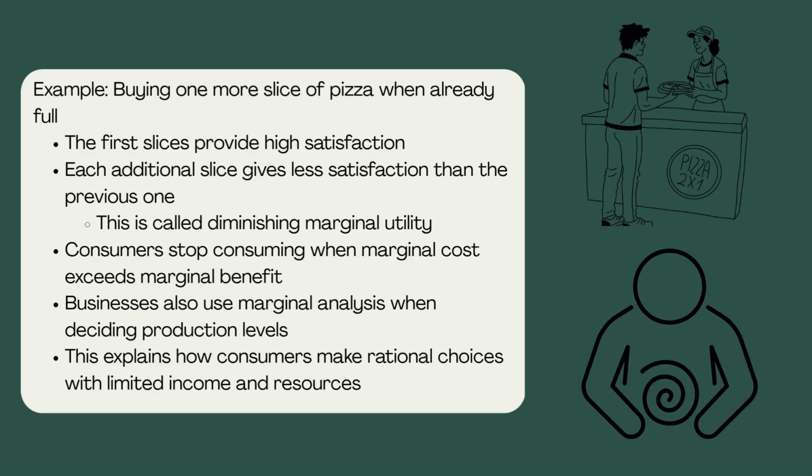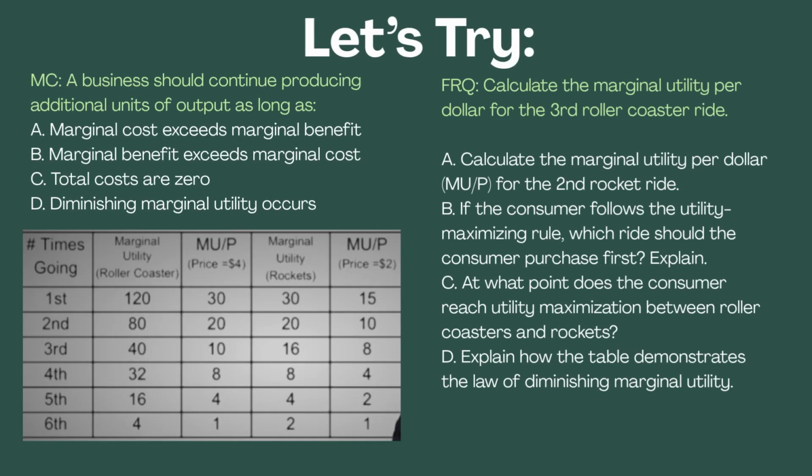Each additional slice gives less satisfaction than the previous one. This concept is called diminishing marginal utility. Consumers stop consuming when marginal cost exceeds marginal benefit. Businesses also use marginal analysis when deciding production levels. This explains how consumers make rational choices with limited income and resources.